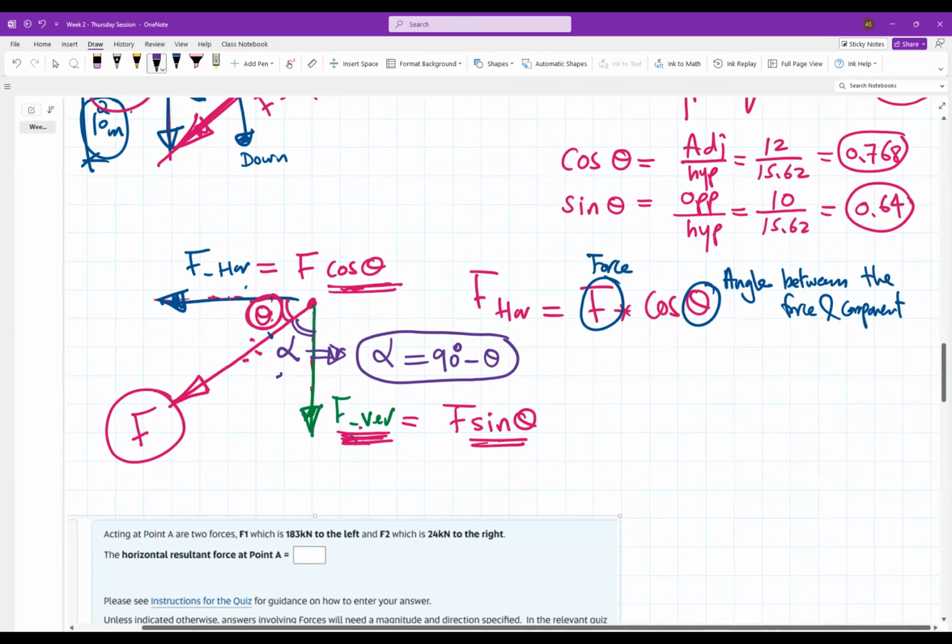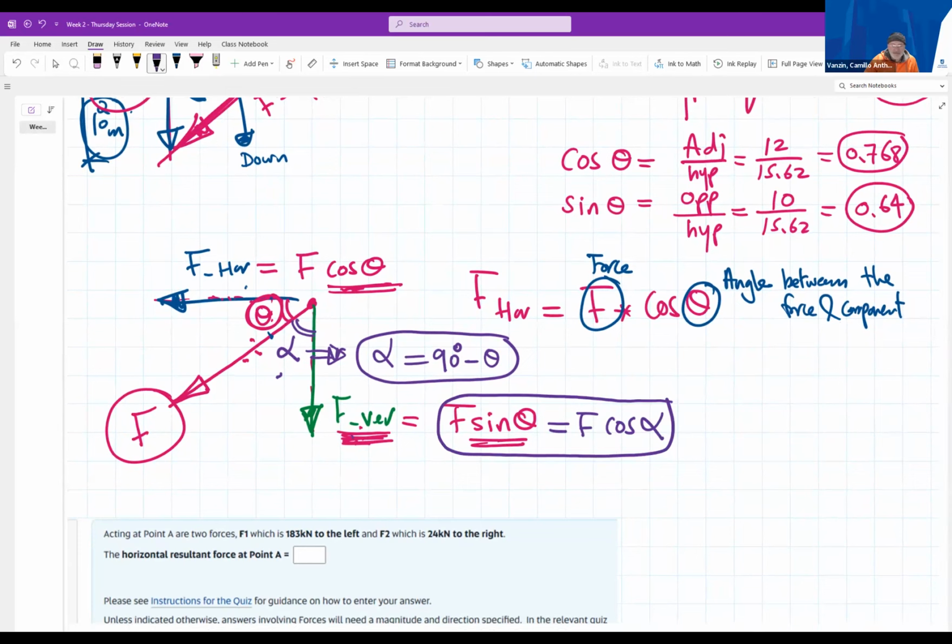Alpha. So the vertical component, another option, is equal to F cosine alpha. So F cosine alpha and F sine theta will be equal values. If you want to work the whole problem with one angle, one component will be sine and one component will be cosine. If you have two angles, both of them will be cosine, but you need to ask which angle each component is close to.